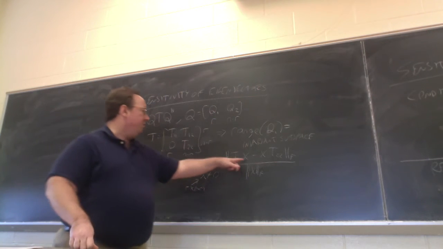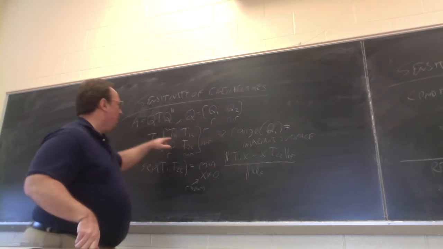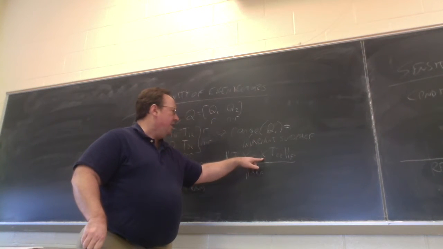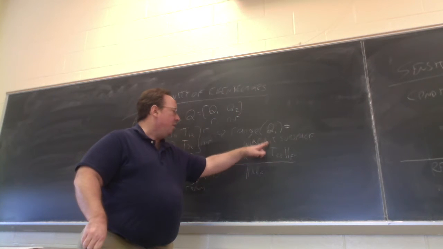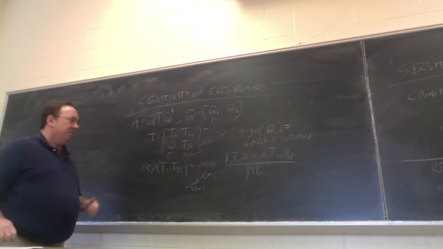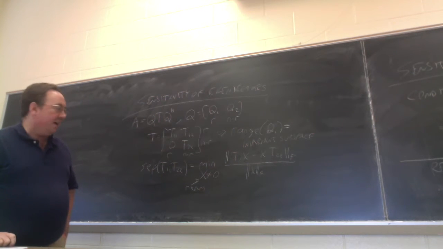So the number of rows in X is the number of columns of T11, which is r. The number of columns in X is the number of rows in T22, which is n minus r. So that's how you can see what the size of X is.